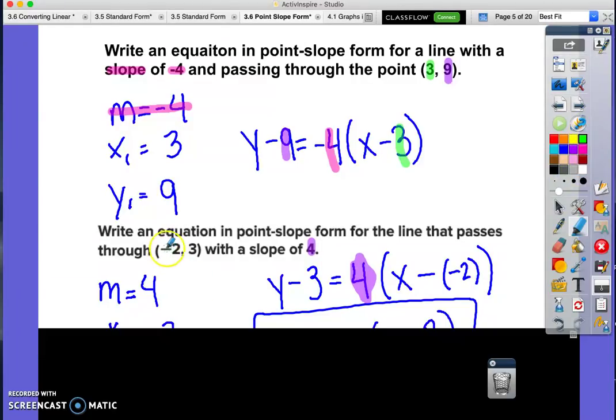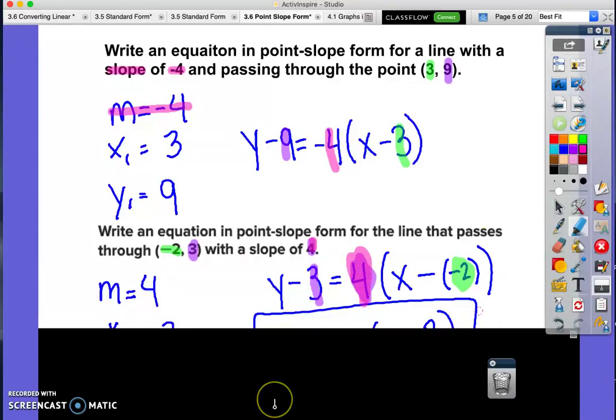So my x right here is a -2. So I put in here a -2. And then my y is the 3, so it gets replaced here.